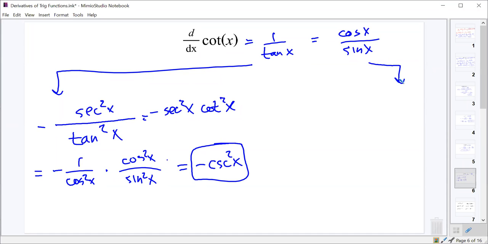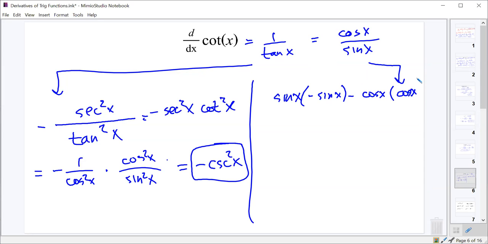But if we're going to do cosine over sine, we should do the quotient rule. So sine x times the derivative of cosine x, which is negative sine x, minus cosine x times the derivative of sine x, which is cosine x, all over sine squared x.